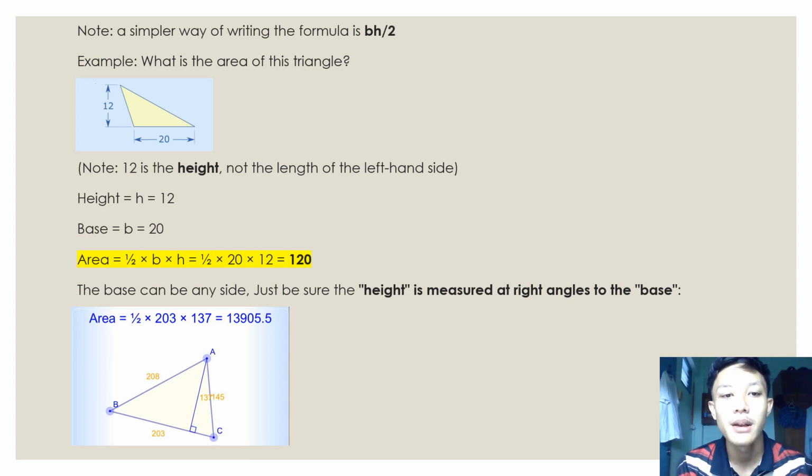The base can be any side. Just be sure the height is measured at right angles to the base. So as you can see from this picture, the area is ABC.